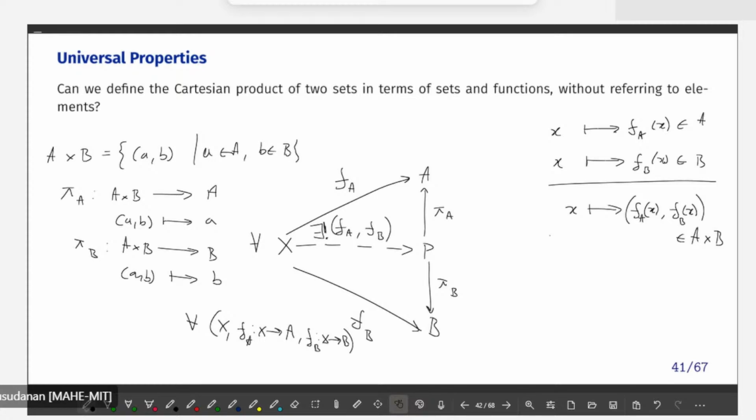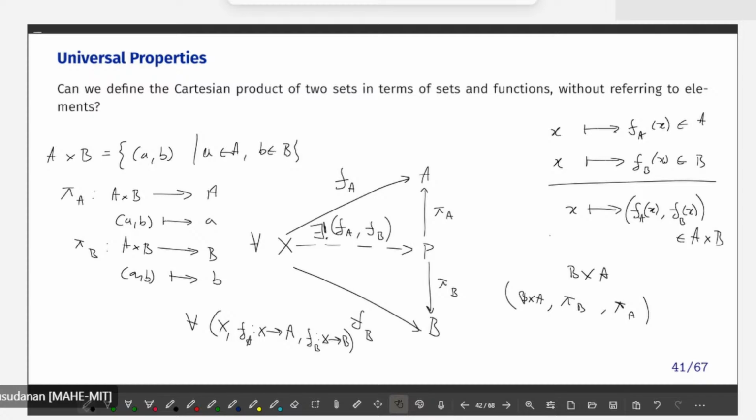There is a unique one. But then, suppose you take B cross A and then take pi B comma pi A as projections. This will also satisfy the same property, if I change the order in the name.